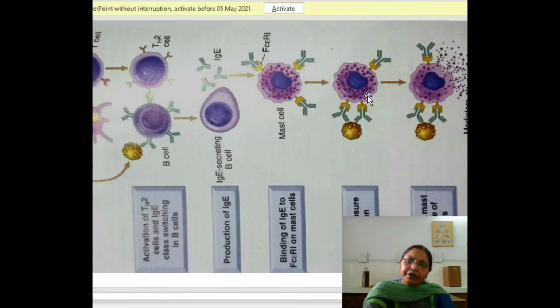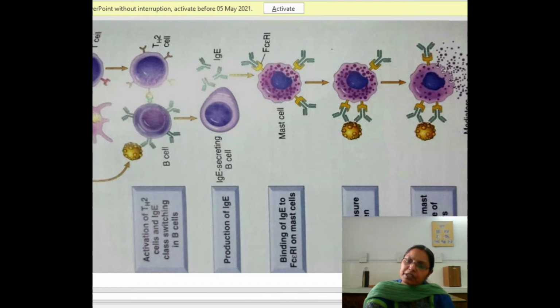Then these armed cells are ready. When there is repeat exposure to the allergen, they are already ready with armed immunoglobulin IgE, and this will cause degranulation. There is activation of the mast cell and release of mediators. The mediators are of types: vasoactive amines, lipid mediators, and cytokines.